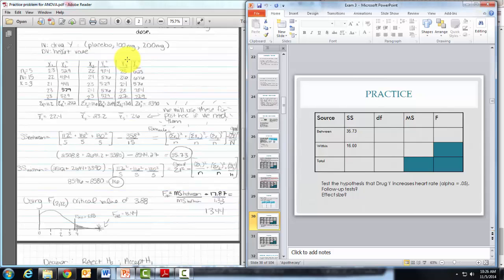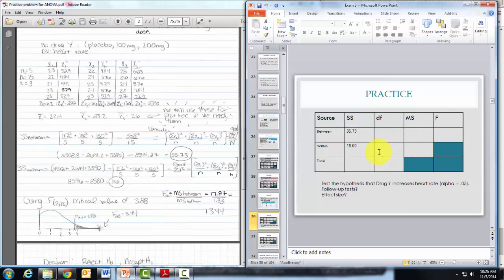So k is equal to 3. So k minus 1 for between groups degrees of freedom is going to be 2. Within groups is going to be n minus k, with n being the big N, the total number of participants. So we start out with 15, and then we subtract k, the number of groups, so 15 minus 3. So we should have 12 within groups degrees of freedom.